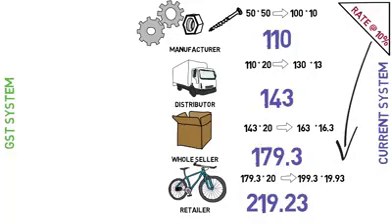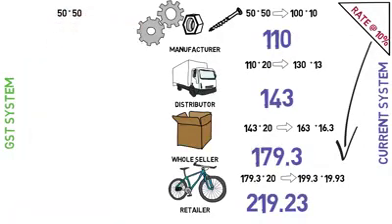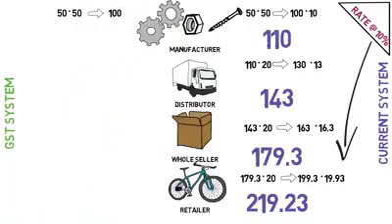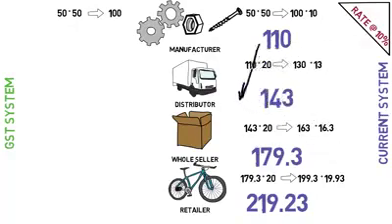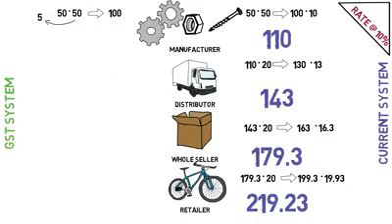Now we will take the same example in the GST system. Raw material of 50 rupees and the manufacturing value of 50 rupees make the product of 100 rupees. But this time the manufacturer has to pay taxes only on the value added by him, which is 50 rupees. So he pays 10% of 50, which is 5, as tax from his profit.